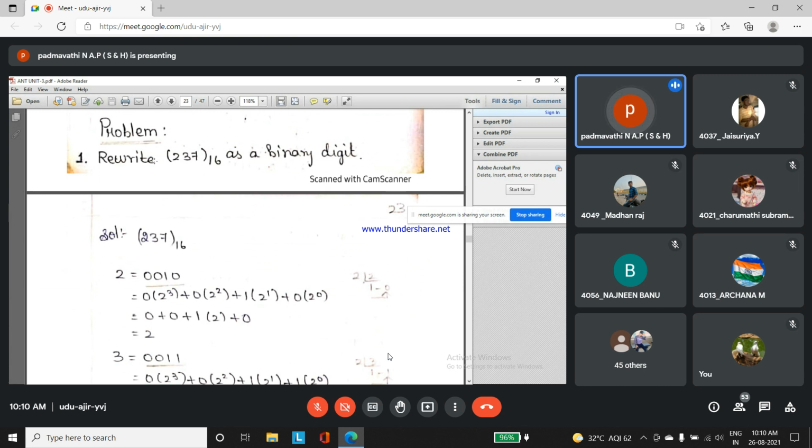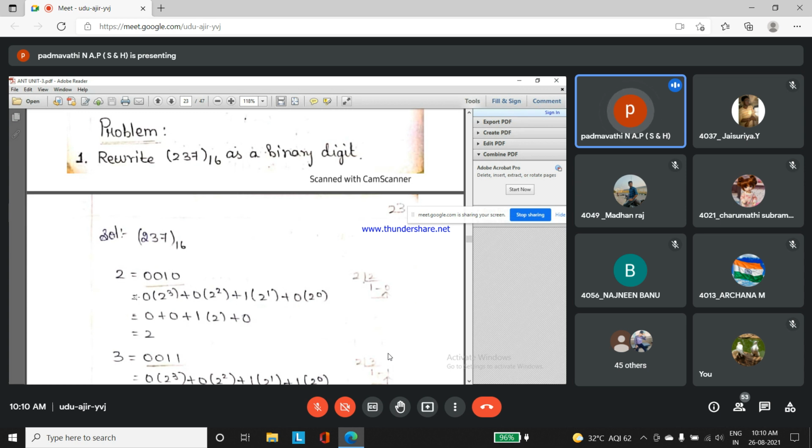Now given is hexadecimal or octal, which one is given? Hexadecimal, since the given base is 16. So now we are going to find the solution of hexadecimal to binary digits.